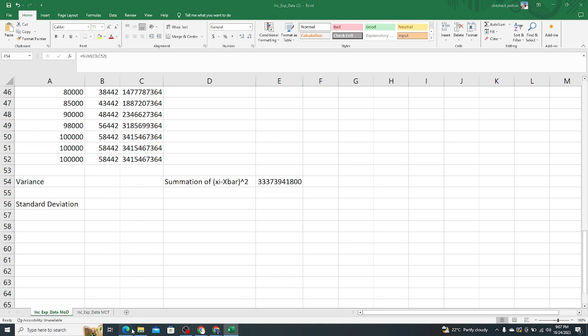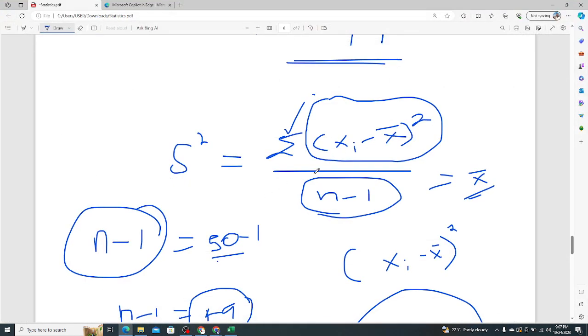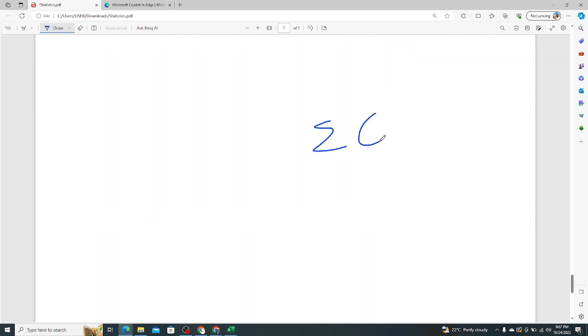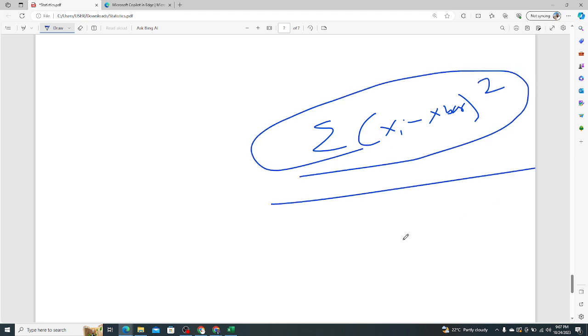So basically now we have this part, that is the summation of xi's minus x bar squared. Now we need to divide it by n minus 1 for us to get the value of variance.